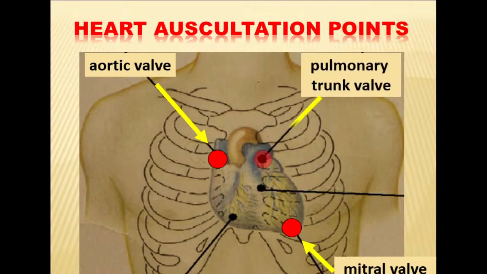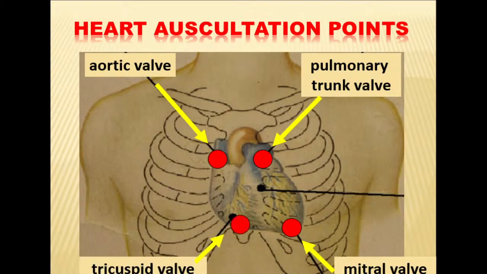Pulmonary trunk valve will be auscultated in its own anatomic point, second interspace to the left of sternum. And the tricuspid valve will be auscultated slightly lower than its anatomic position.